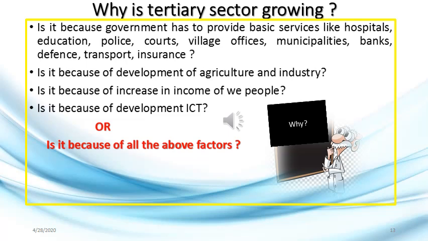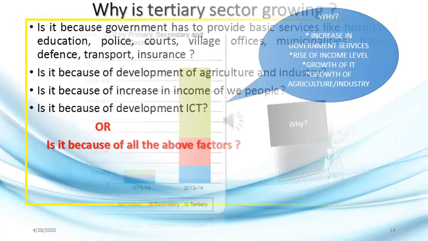Is it clear? If you see the next slide, we have just summarized it. Just go through those points, and let's see the last important topic of today's module. So please go through these points on why the tertiary sector has grown so much in the last 40 years in our country.